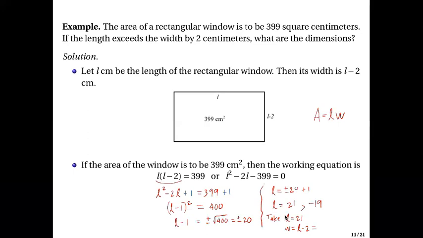This is equal to 19. Okay? And then you just give the conclusion. The length is 21 and the width is 19. Okay? Question?